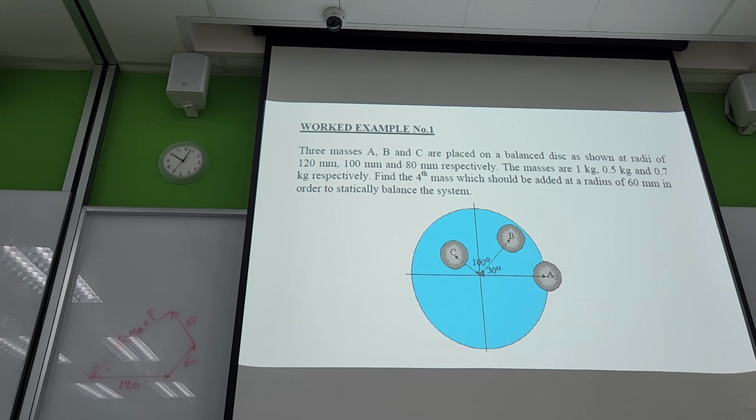Because if you see the figure here, this is 30 and this is 100. Correct. Then the angle between B and C is 100 degrees. So when you measure from point A, it will be 150.